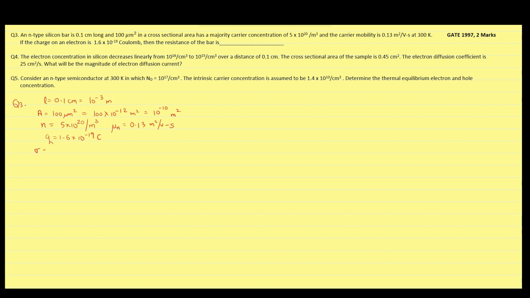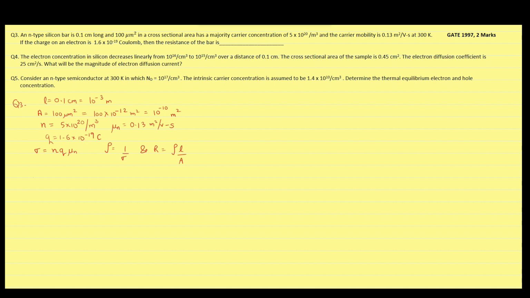We know that conductivity is equal to charge carrier concentration multiplied by magnitude of charge multiplied by mobility of charge carriers. Also, we know that resistivity is equal to 1 upon conductivity, and resistance is equal to resistivity multiplied by length of the semiconductor divided by cross-sectional area of the semiconductor.